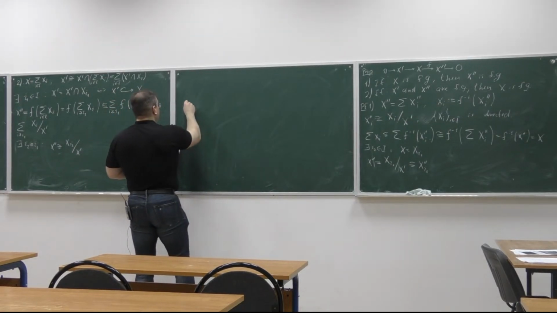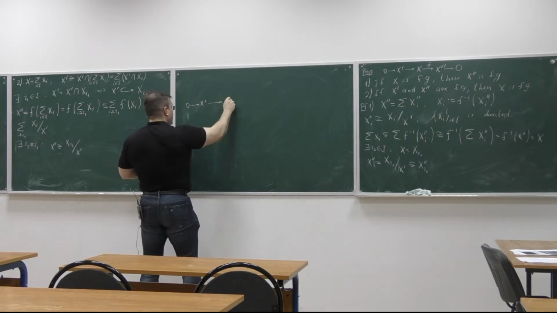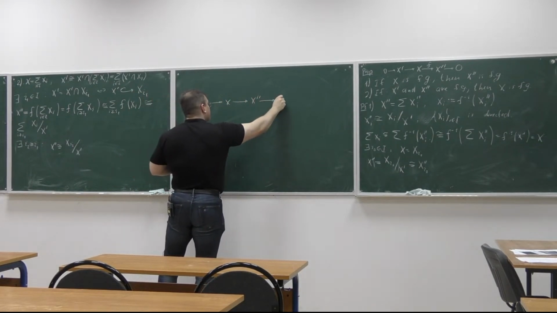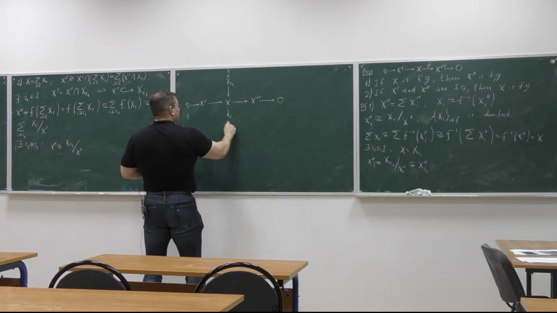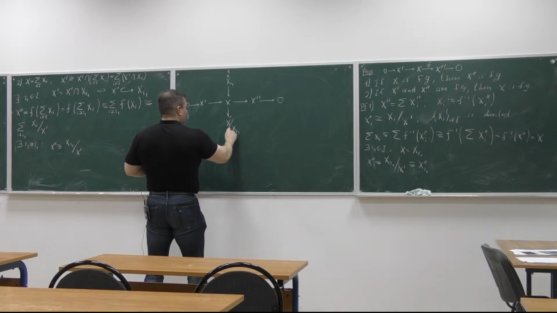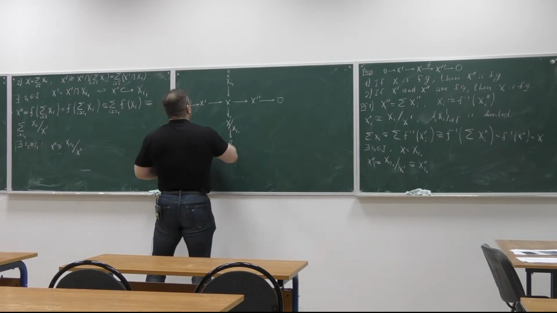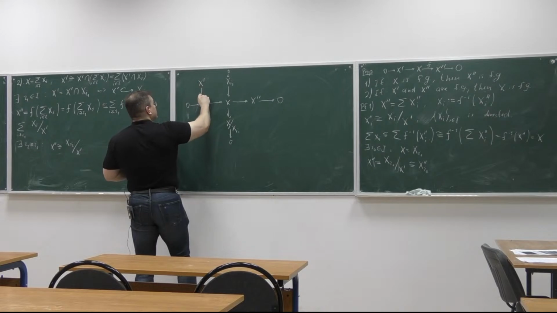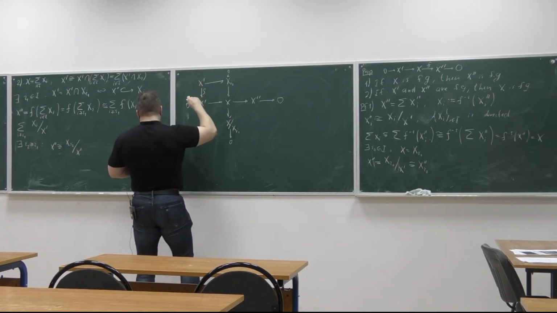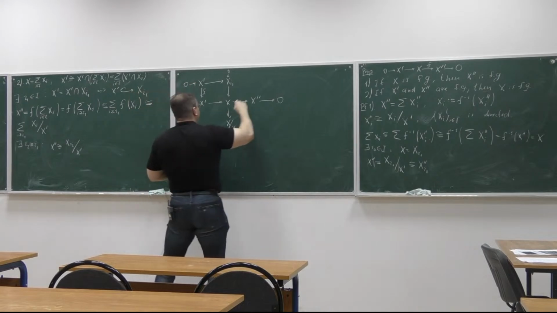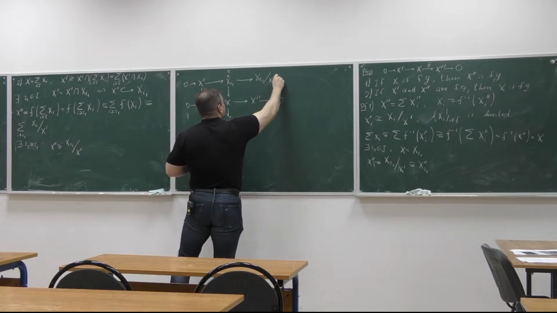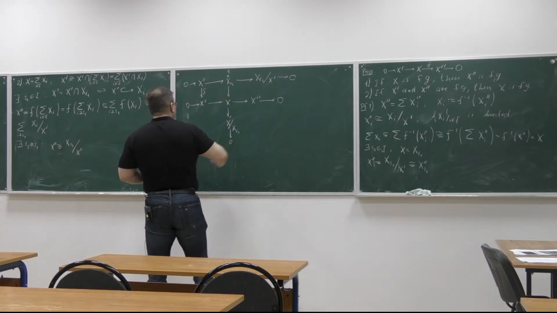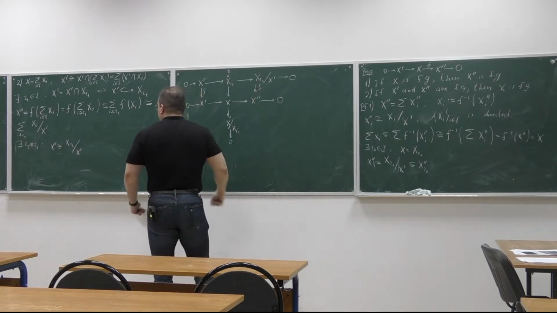So here we have 0, x prime, x double prime, 0. So inside we have xi2, this is a sub-object, and there is some potential quotient. But now here I have x prime, so this map is just an isomorphism. There is a map here, and there is an xi2 quotient by the x prime, and there is a map here, which is again an isomorphism.